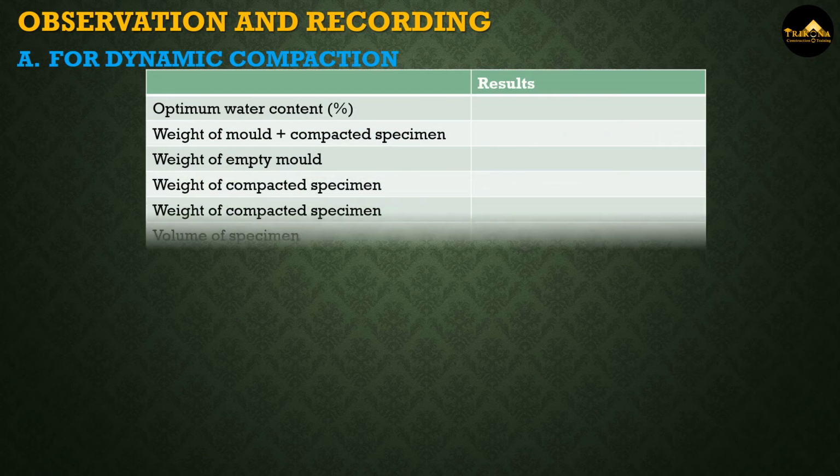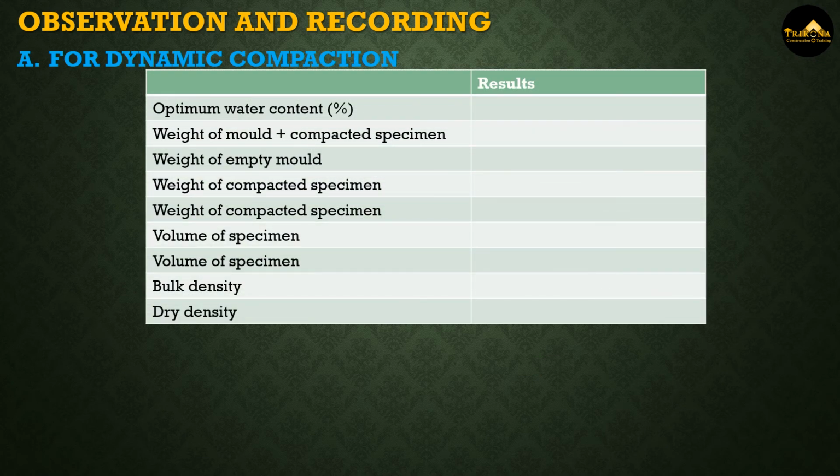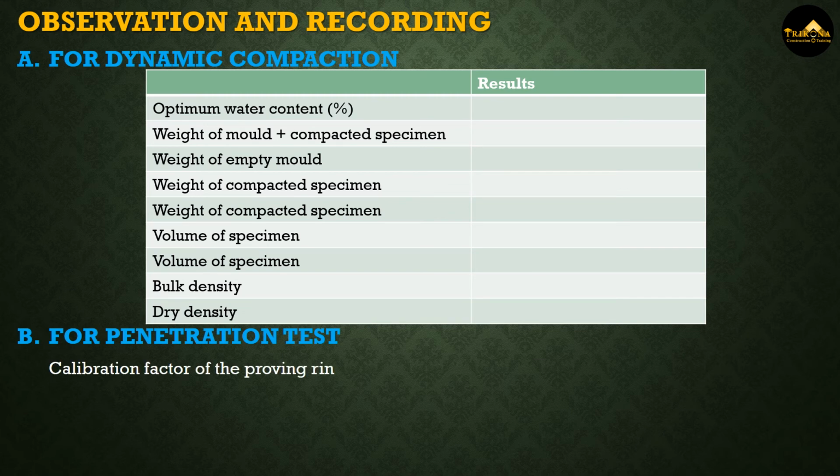Observation and recording. For dynamic compaction, dynamic compaction is performed and values are tabulated. For penetration test, the penetration test is also performed and values are noted. Calibration factor of the proving ring for 1 division equals 1.176 kilograms.